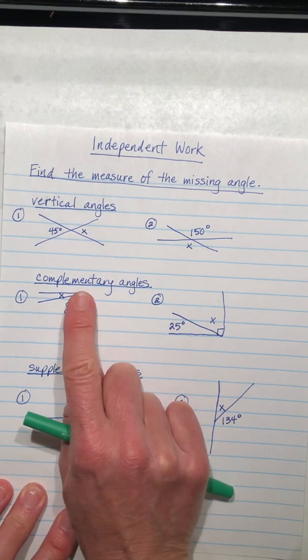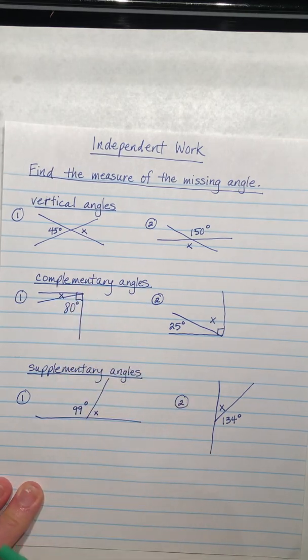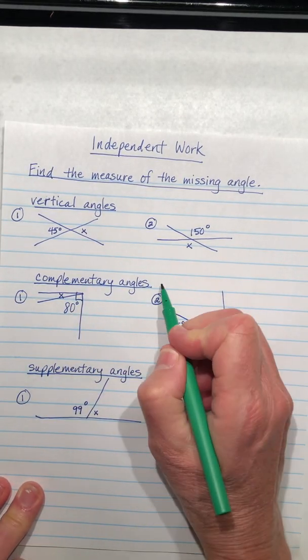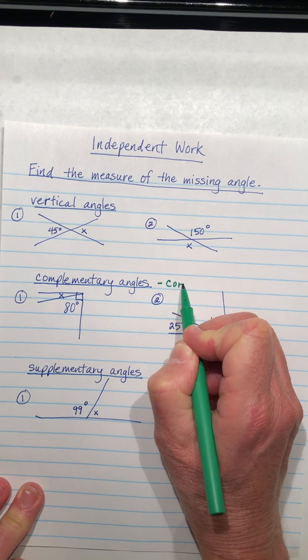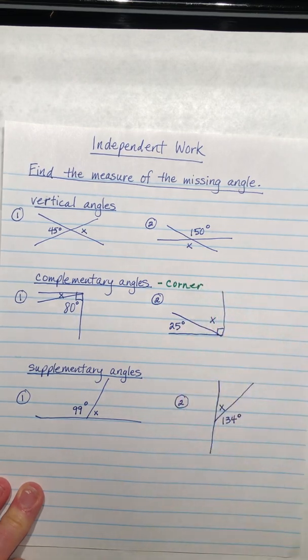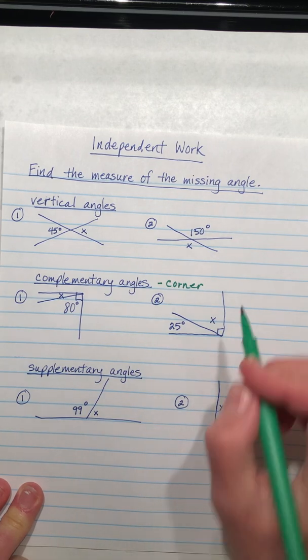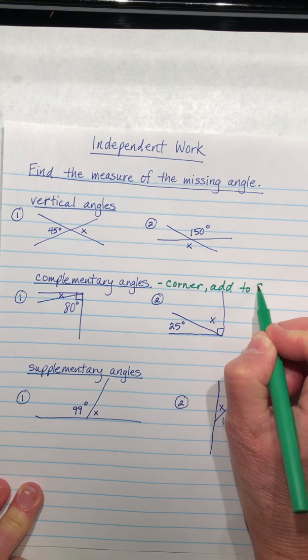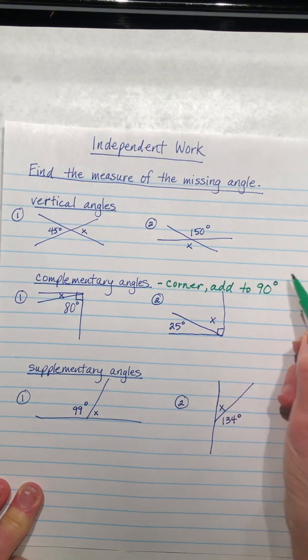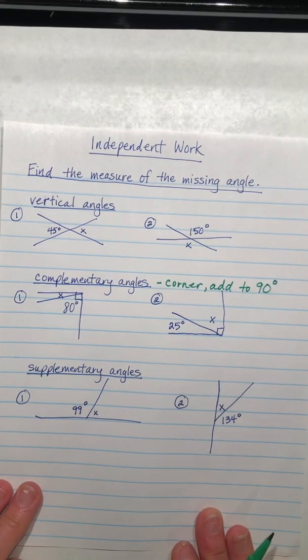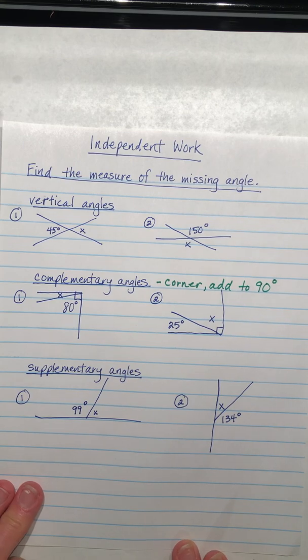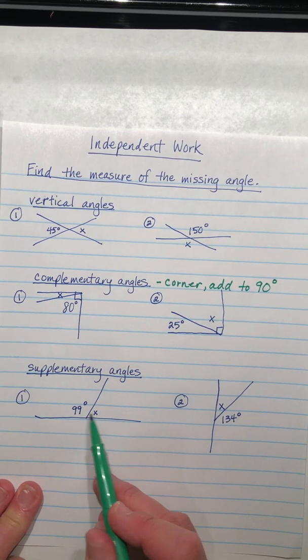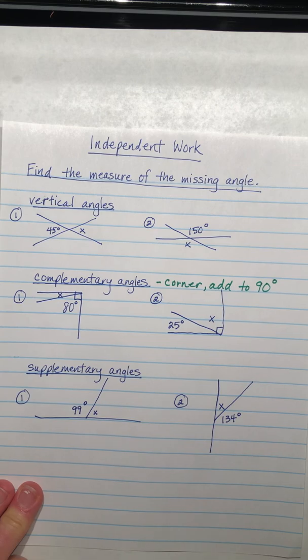What do we know about complementary angles? Remember, they form a corner and they always add to 90 degrees. Then in the third section, we have supplementary angles. And supplementary angles are not necessarily congruent either.